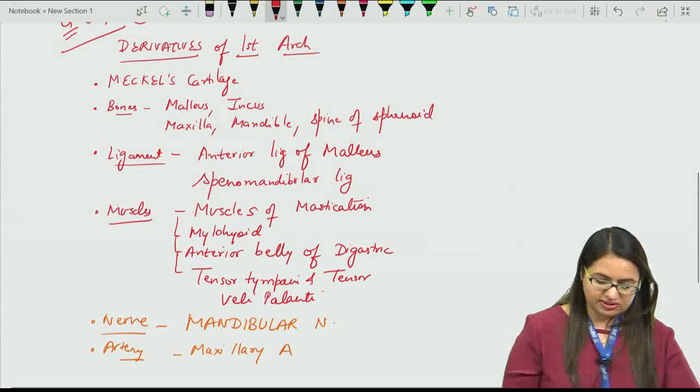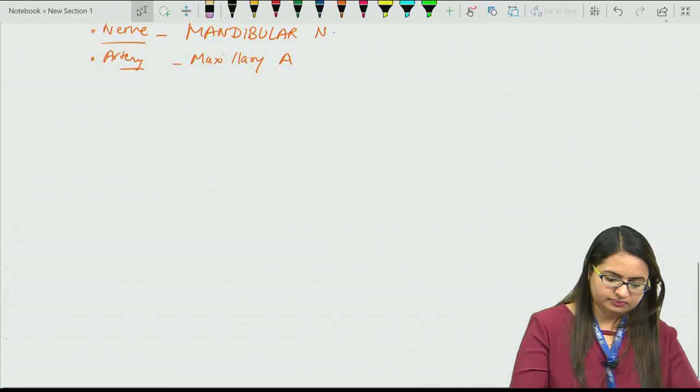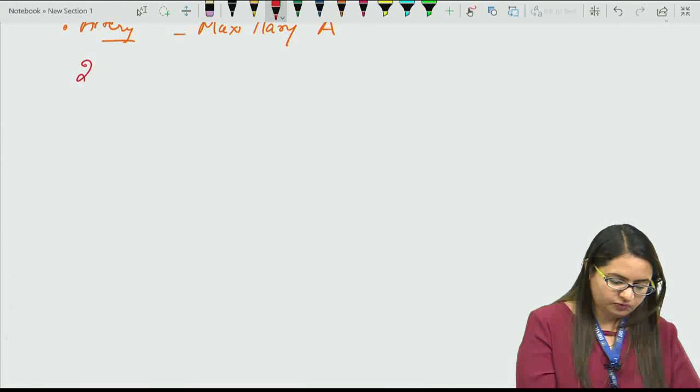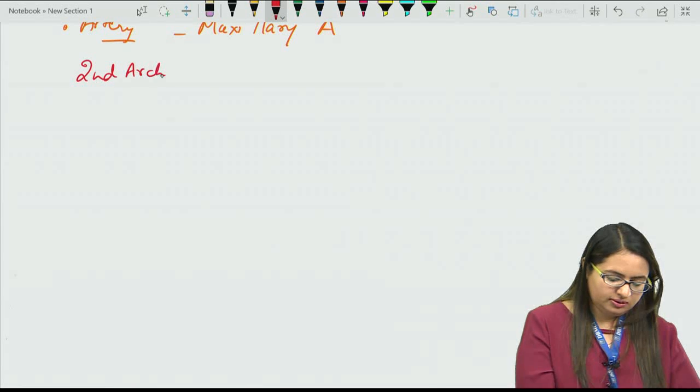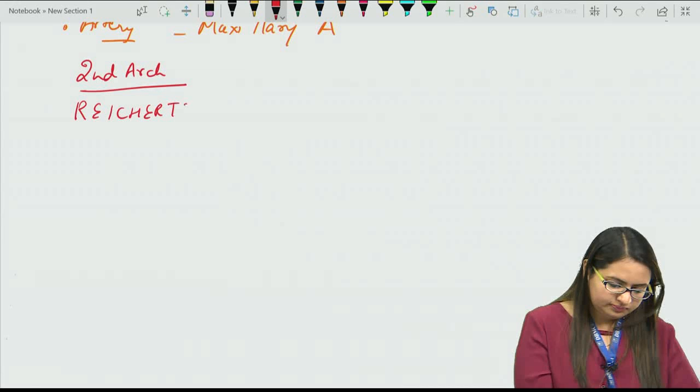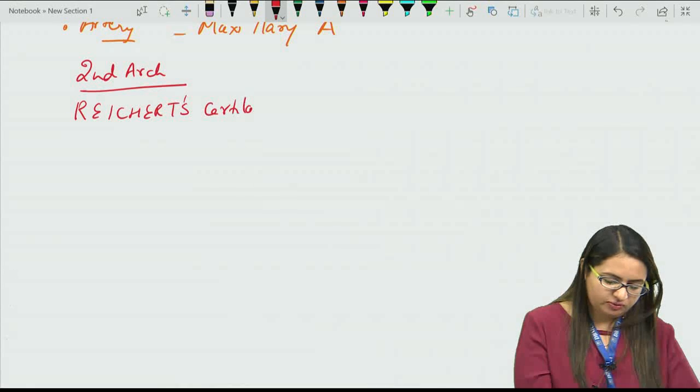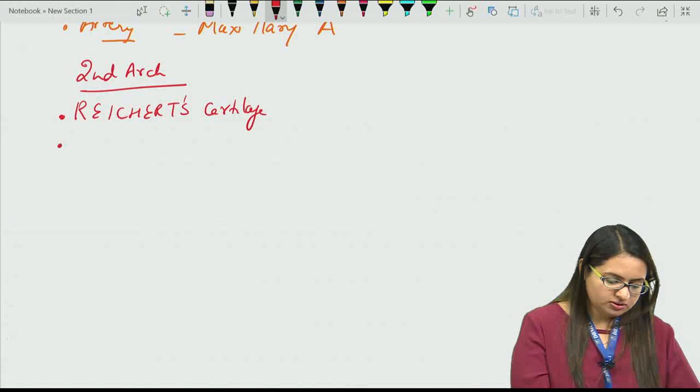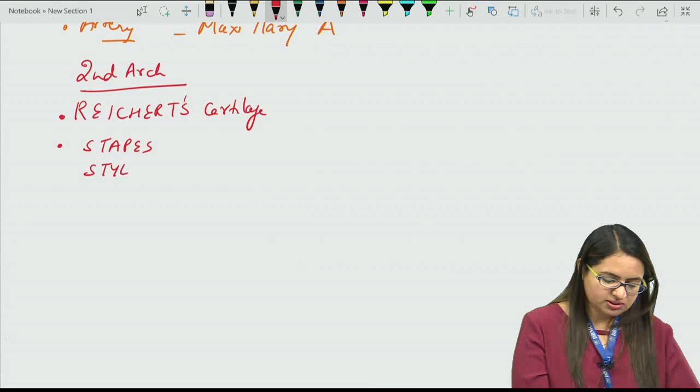Now the derivatives of the second arch. For the second arch, this cartilage is derived from the second arch. Now the bones which are formed include the stapes, styloid process, then the hyoid bone.